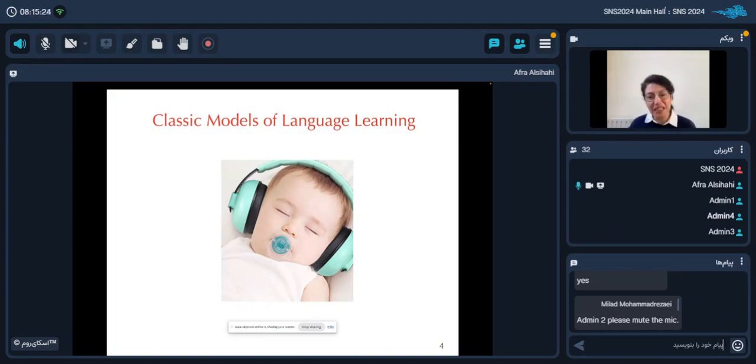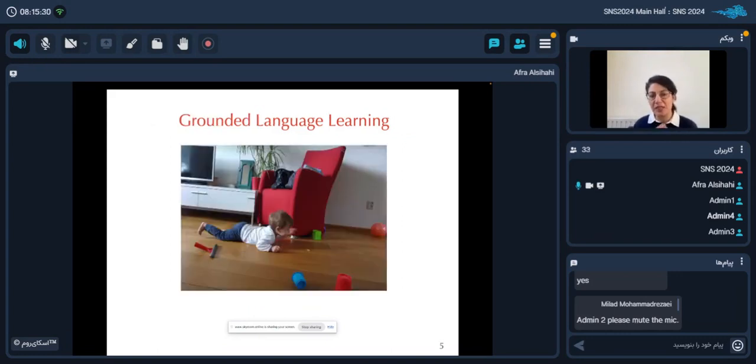So what is missing here? Well, a lot is missing here, but perhaps the first thing that comes to mind is the very noisy visual and perceptual environment in which a child is actually interacting and processing language at the same time, right?